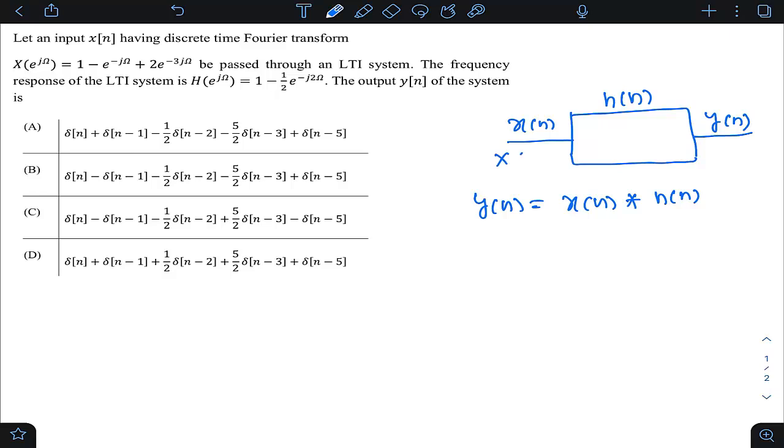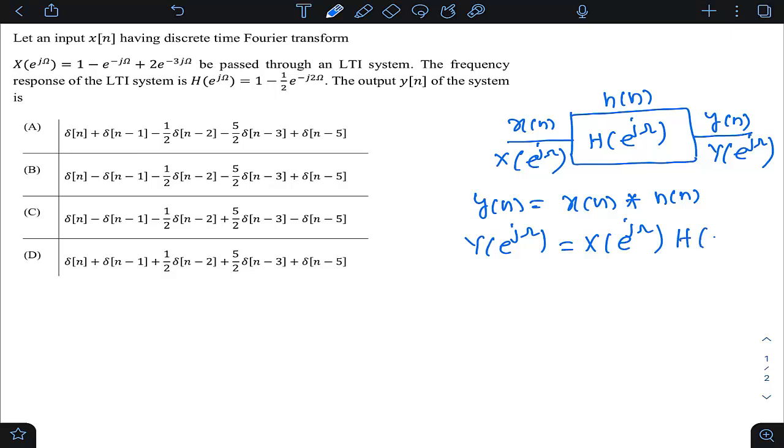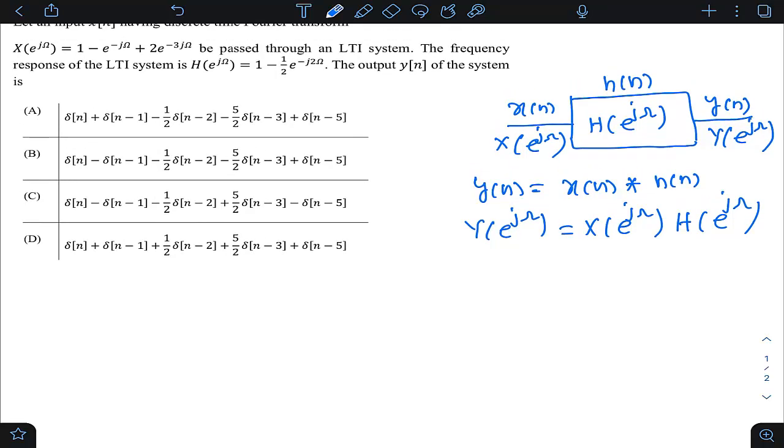But if I speak in terms of DTFT, X(e^jω), and the DTFT of h of n is H(e^jω), and the DTFT of y of n is Y(e^jω), then Y(e^jω) is given by X(e^jω) multiplied by H(e^jω). If we get this Y(e^jω), we can take its IDTFT to get y of n.